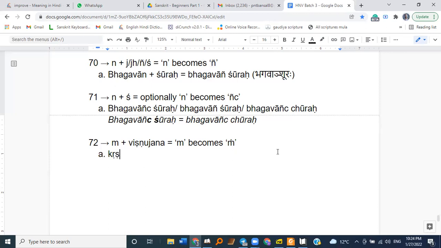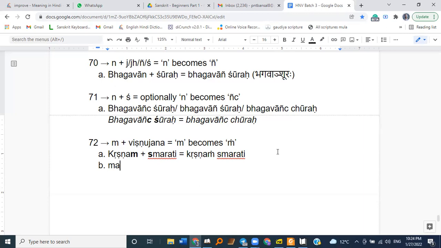Krishnam Yukta Smarati. So we have Marama followed by a Vishnu Jana, and then yes, Ma becomes Vishnu Chakra. We get Krishnam Smarati. And another example could be, like in Madhurashtakam, every other word is an example of this, right?